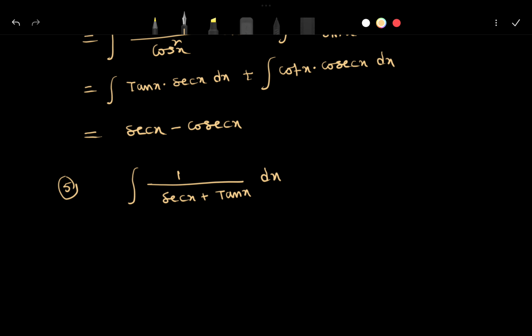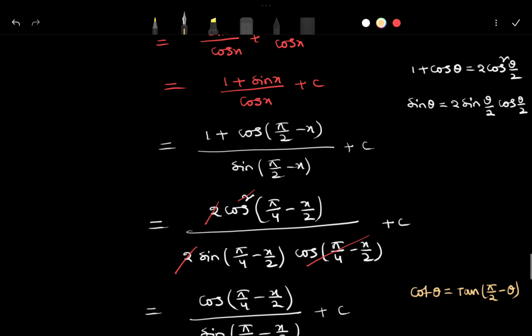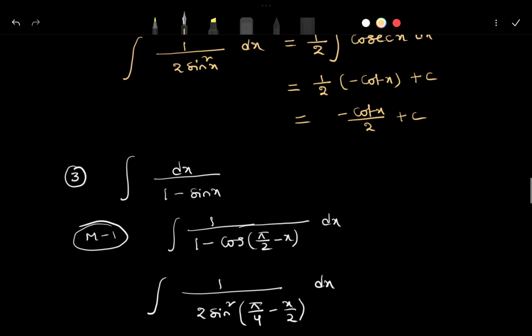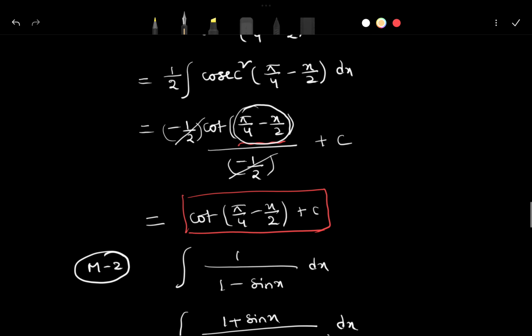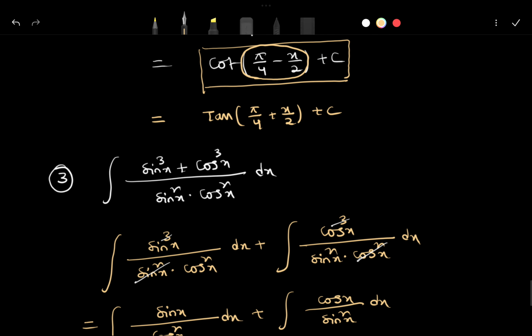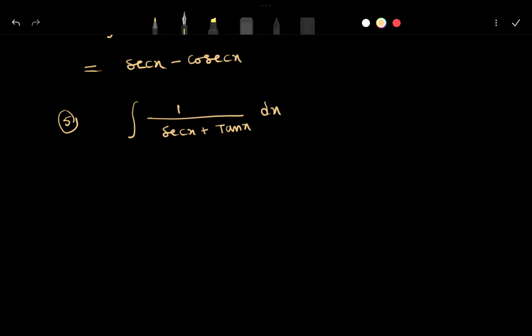This is the fifth question, this one is the fourth question, and that is the third question. Here, integration of 1 by secant x plus tan x.